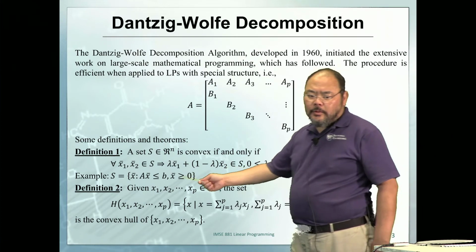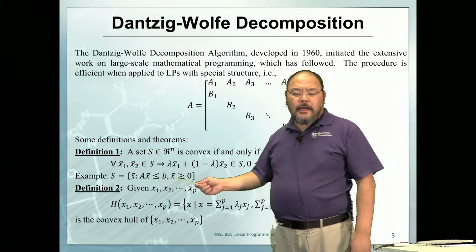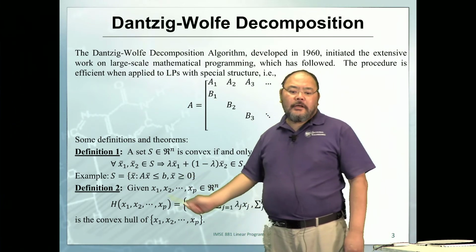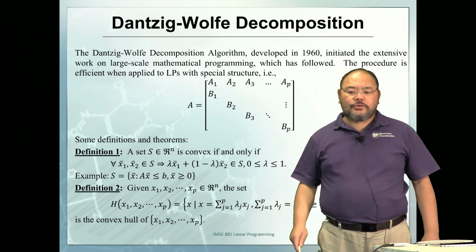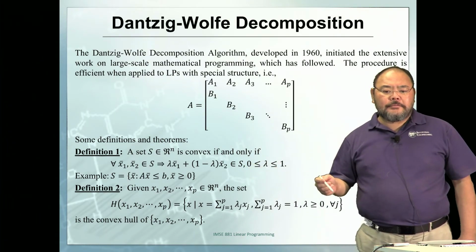For example, in polyhedral theory, Ax less than or equal to b with x non-negative: this type of constraint feasible region is a convex set.